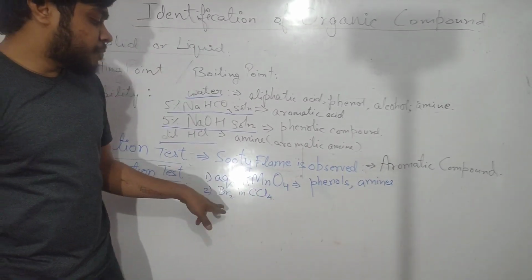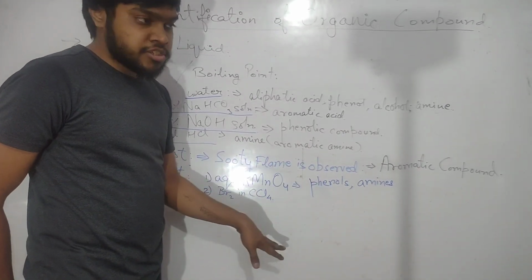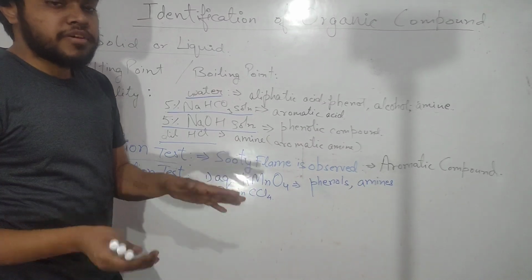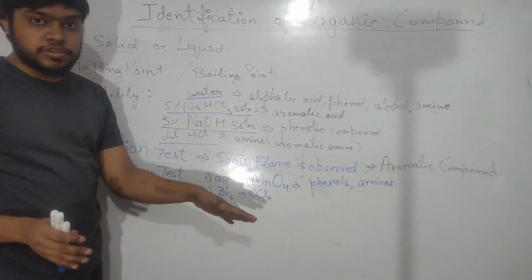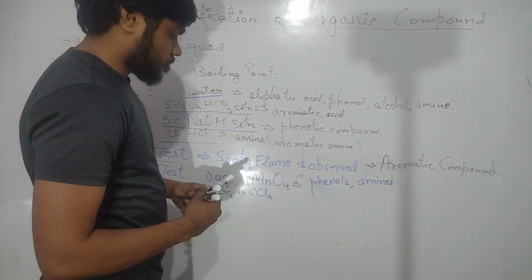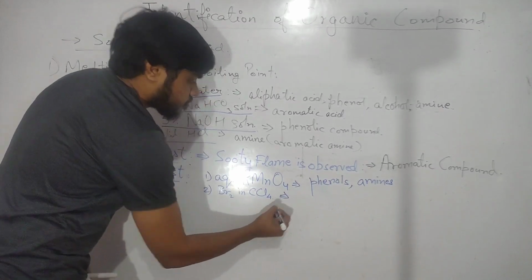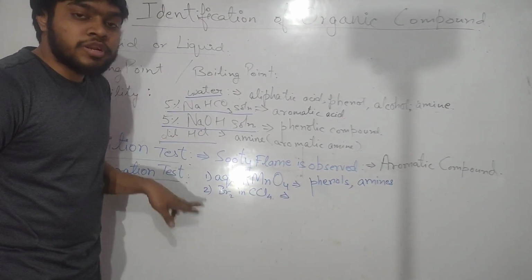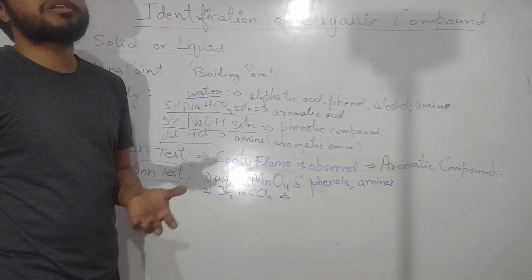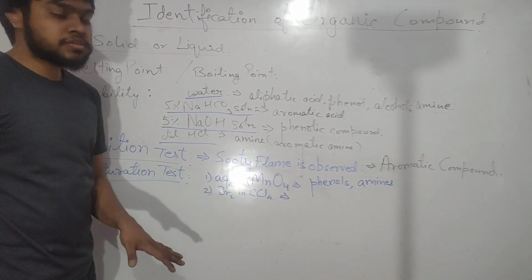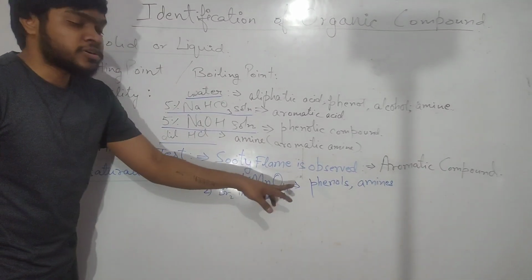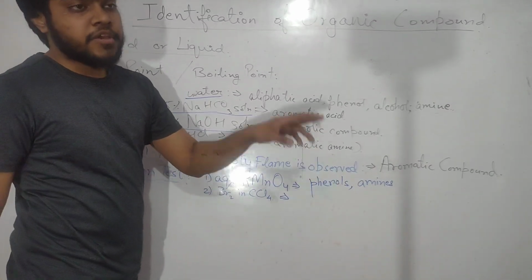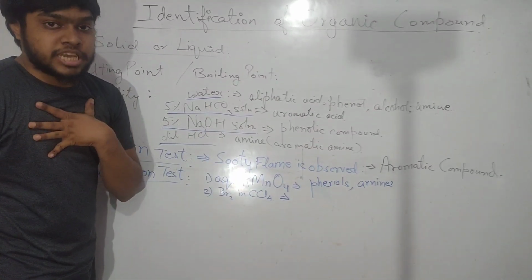If the brown color of the bromine is discharged, it means it becomes colorless, then the test is said to be positive. Okay, and only if both the tests are positive, only then we say that our compound is unsaturated. Otherwise, even if one test is positive but another is not positive, we don't say that our compound is unsaturated.